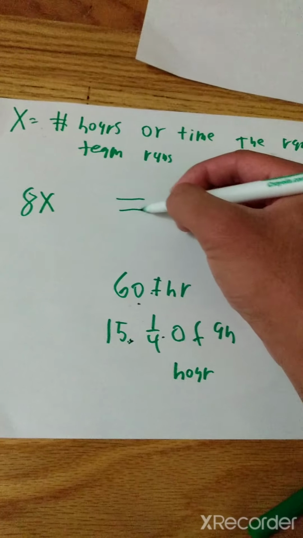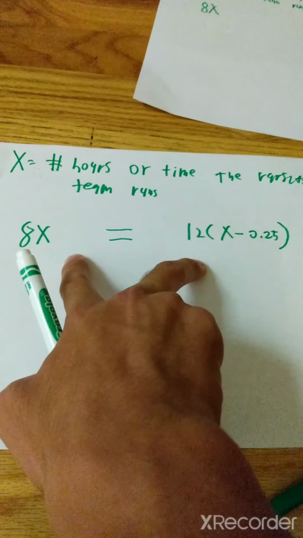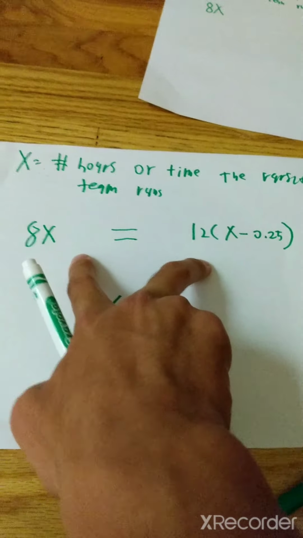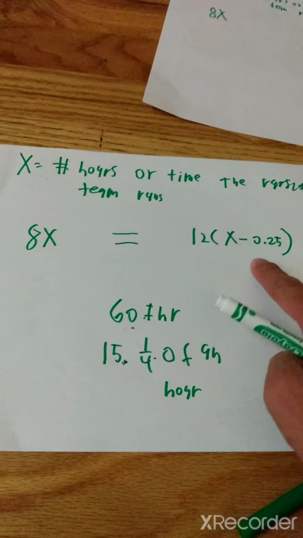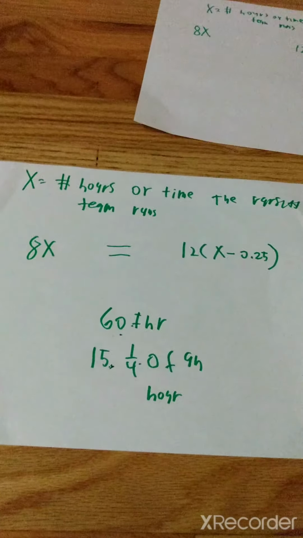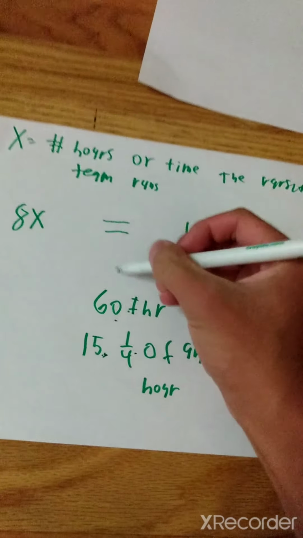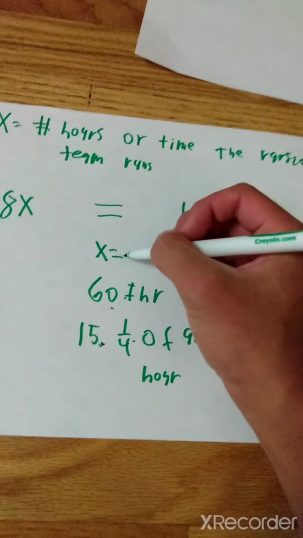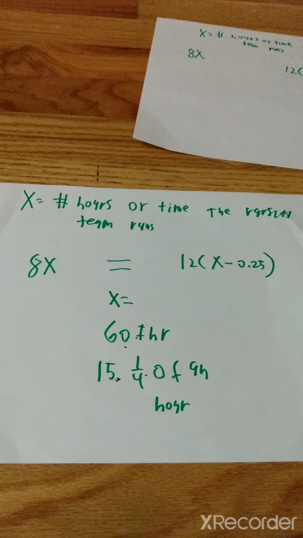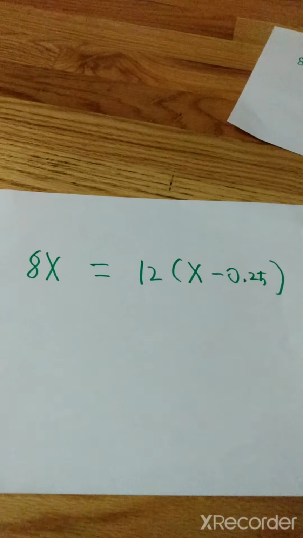We now have an equal sign because we're comparing the two. What we're trying to figure out is how much time it took the varsity team to catch up with the JV team. Let's start simplifying, and we should get x equals a number. Then we'll be able to say what x is in a sentence.